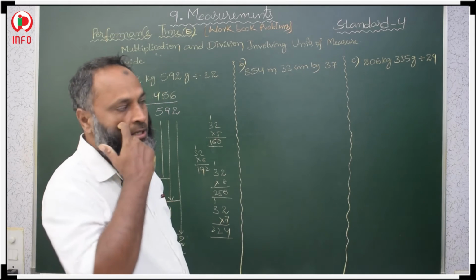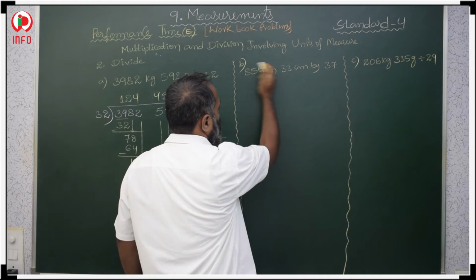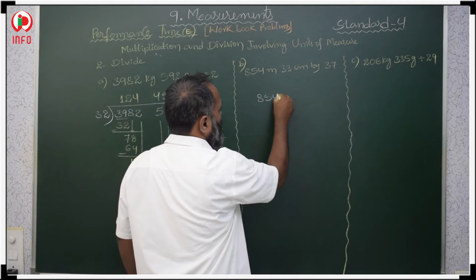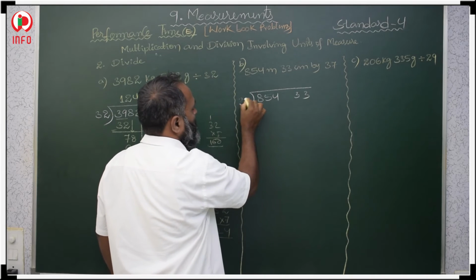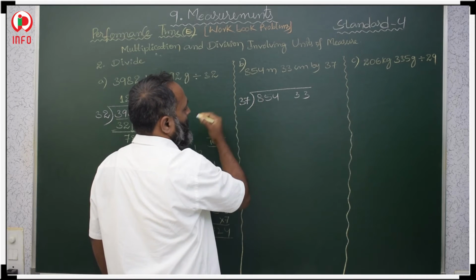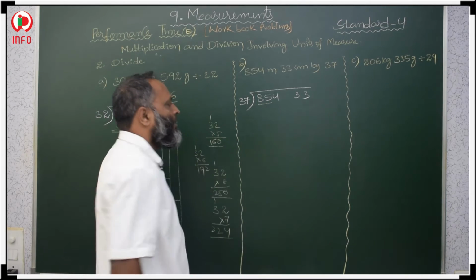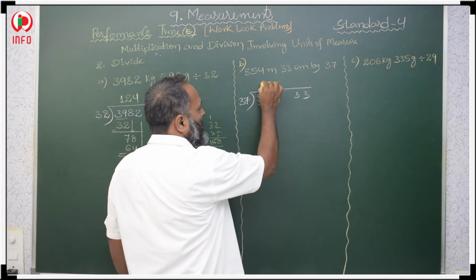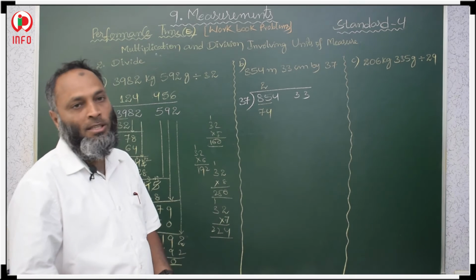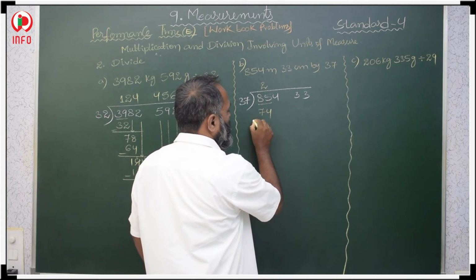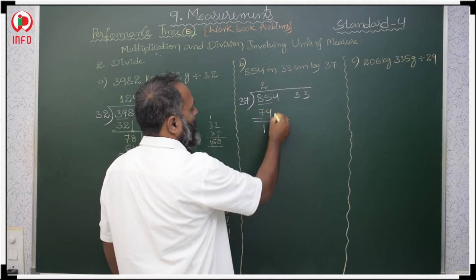Now the next one, 854 meters and 33 centimeters divided by 37. Now 37, and here also we should take 2 digits. 37 2s are 74. Now minus, 5 minus 4 is 1, 8 minus 7 is 1, and 4.